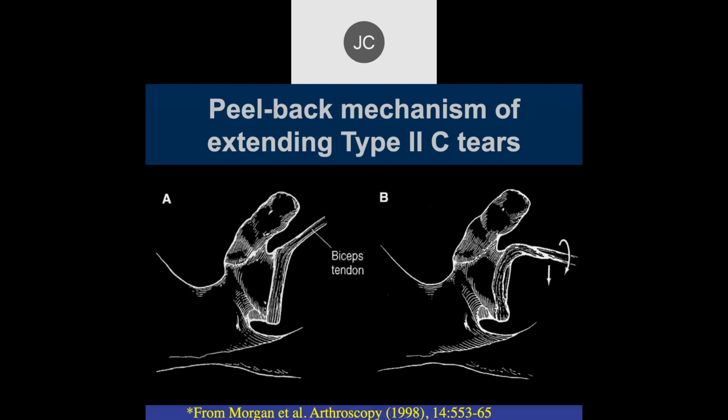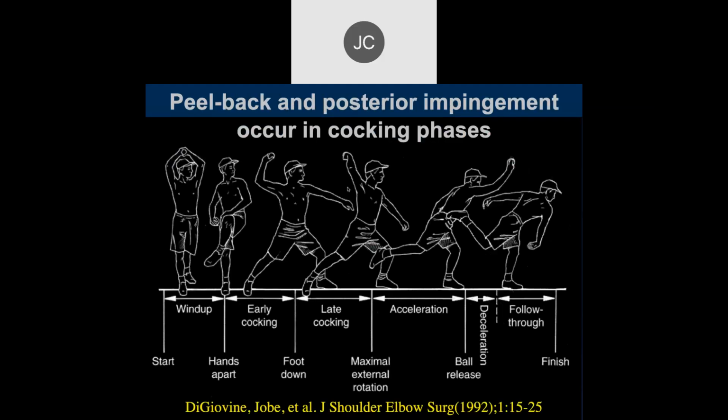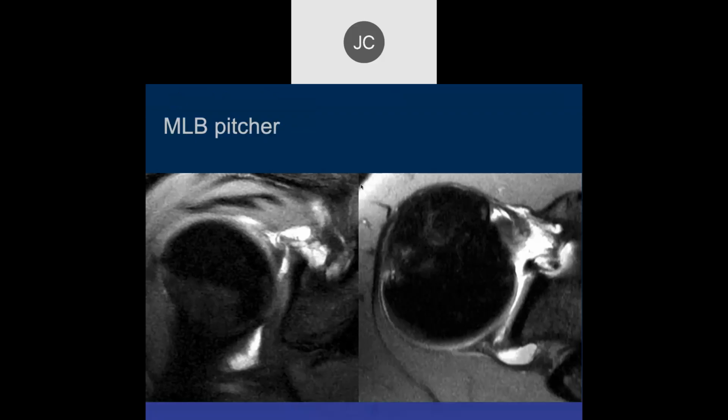And this is called a peel-back mechanism, which can tear not only the biceps, but the adjacent superior labrum. It's really in this late cocking stage where this occurs, and then you forcefully go forward, where you basically fire all the muscles to maximize your fastball speed, and that includes abrupt tension on the biceps in that vulnerable position.